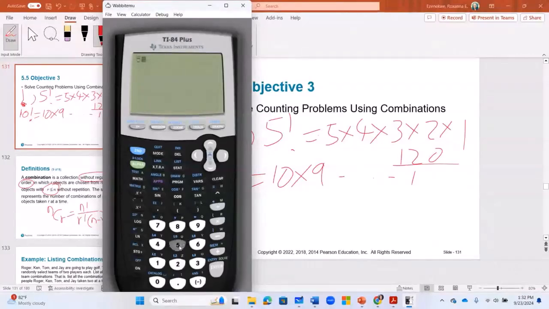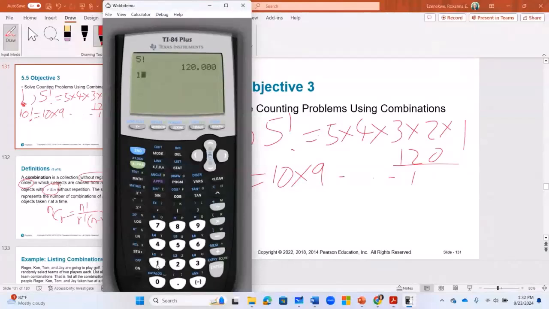So I put in 5, I go to MATH, arrow to probability, PRB. Number 4 is factorial. So 5 factorial is 120, which is just what I found by hand.